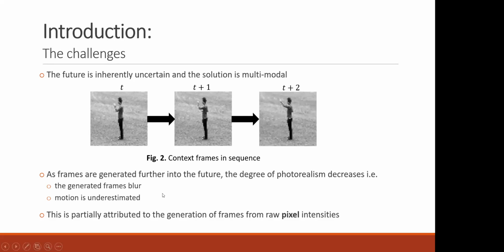So as these frames are generated further into the future, the degree of photorealism decreases in the sense that the frames become blurred and motion is underrepresented. This is more likely to happen if you generate frames from raw pixel values, as opposed to generating frames from predicted affine transformations.